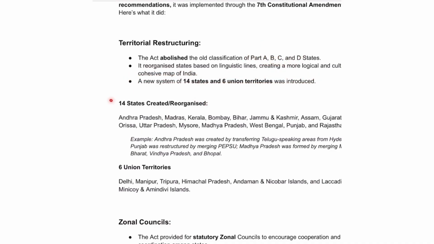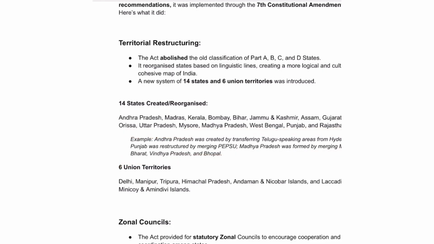So what was the 14 states? These: Andhra Pradesh, Madras, Kerala, Bombay, Bihar, J&K, Assam, Gujarat, Odisha, Uttar Pradesh, Mysore, Madhya Pradesh, West Bengal, Punjab and Rajasthan. So this was the basis of doing. Like Madhya Pradesh was formed by merging Madhya Bharat, Vindhya Pradesh and Bhopal.